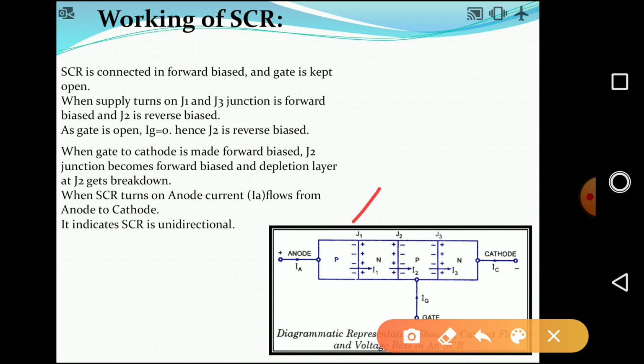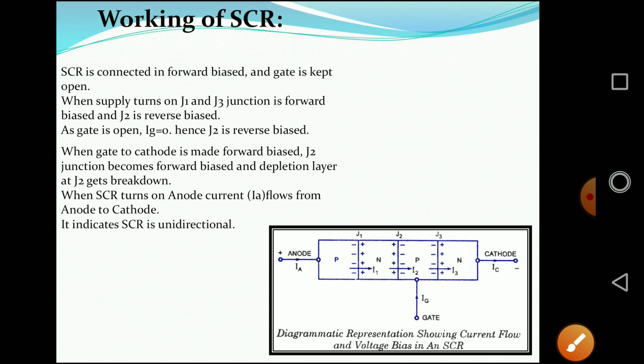In the same manner, junction J3 is also forward biased because it is connected to the outer N layer, which has a connection to the negative supply. So the N layer is forward biased, hence junction J3 is also forward biased. But this forward bias makes junction J2 reverse biased.